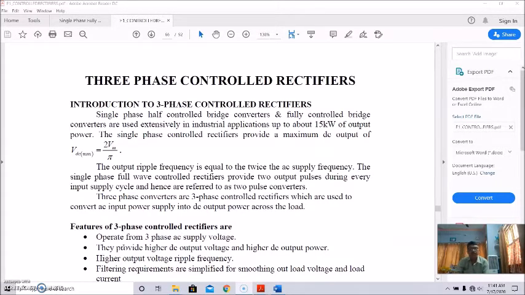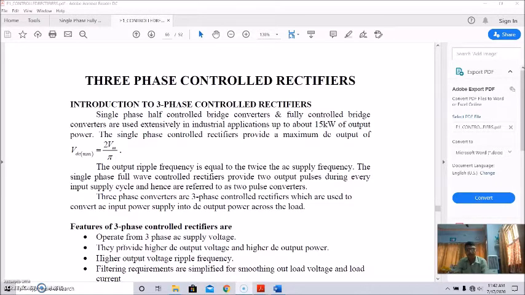And also we have discussed the converters of half control and full control with RLE loads, and also with RL load with freewheeling diode, etc. And we have worked out some problems on that particular subject also. So more or less that covers the single phase different types of converters with different types of loads.